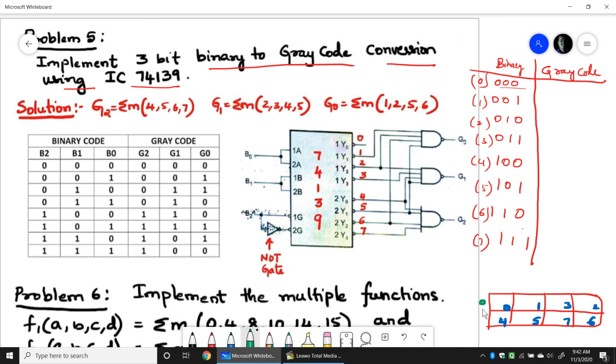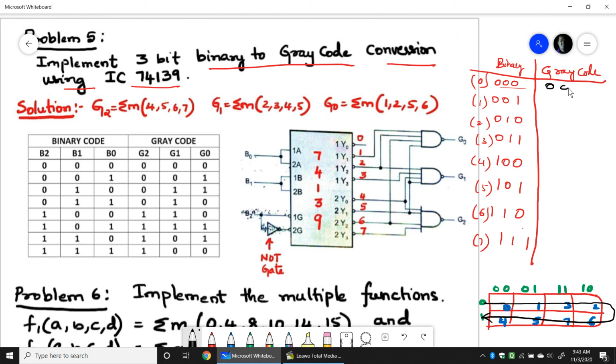Now when we write gray code for 3-bit binary, I'll take the gray code in this way. I'll take 0 first, then 1, then 3, 2, 6, 7, 5, 4.